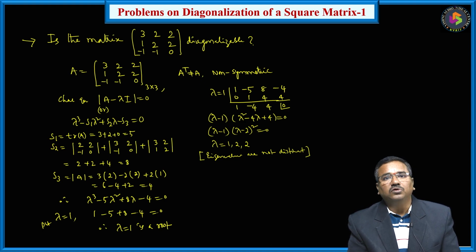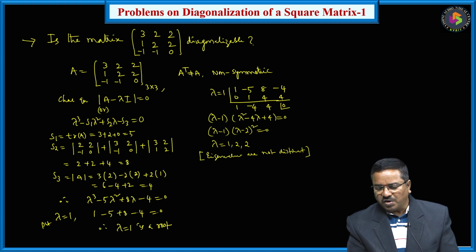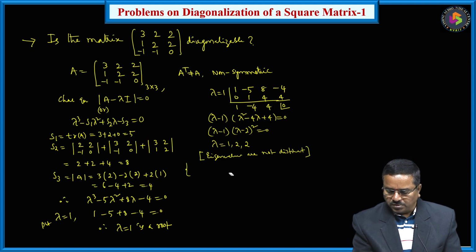And one more thing you have to remember, after getting the eigenvalues you check whether these are correct or not. Then how to check it? The sum. What is the sum? The sum is 1 plus 2 plus 2, 5. This is equal to the trace of a matrix. So, the first condition is satisfied.